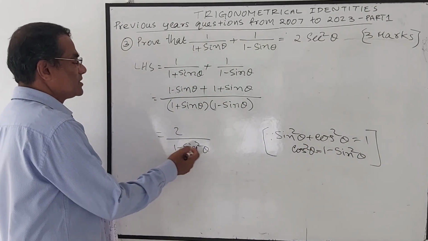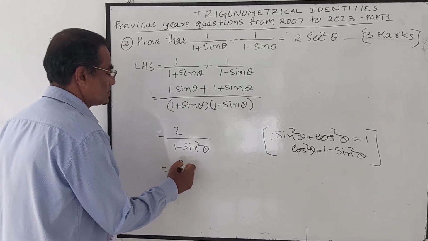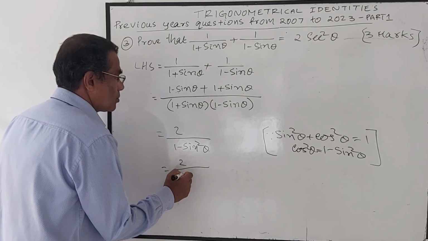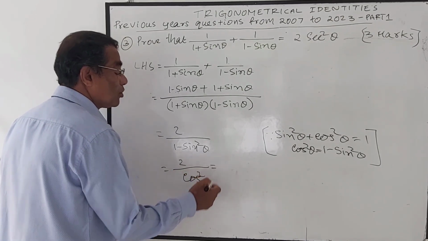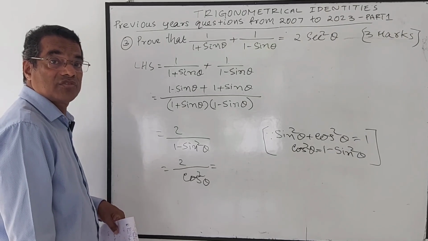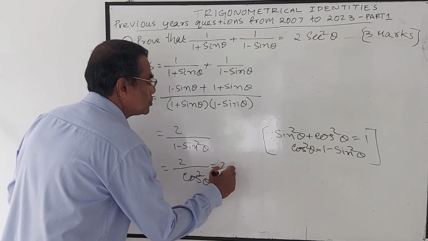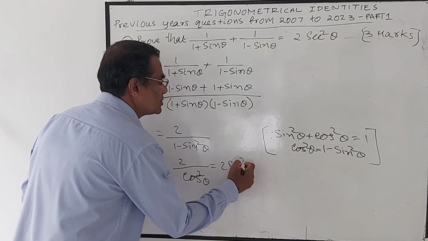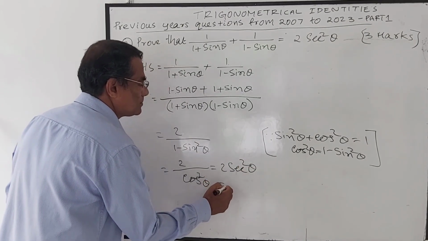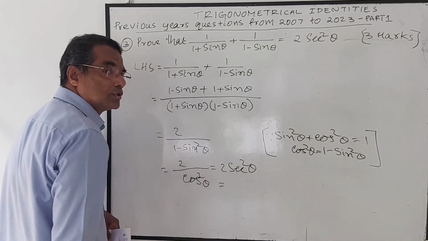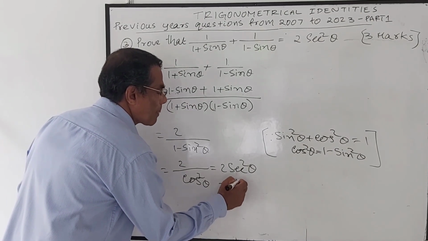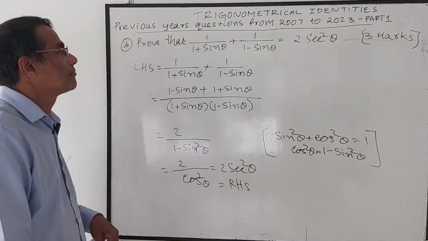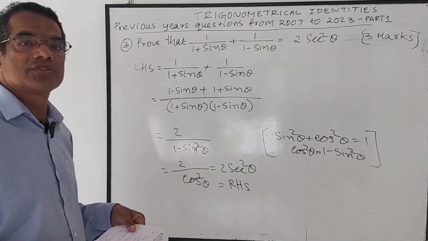So instead of this I am writing 2 by cos square theta. Cos is the reciprocal of sec, so it is 2 sec square theta equal to RHS. Simple questions.